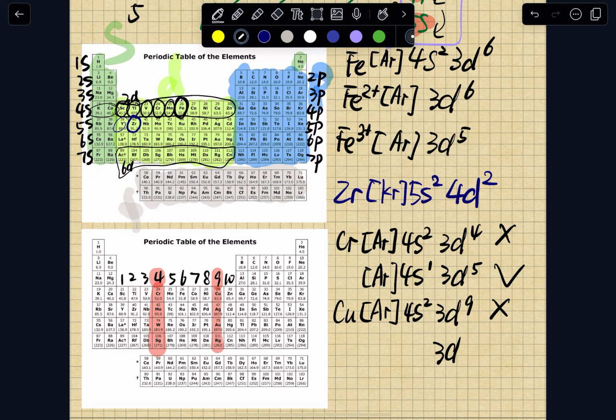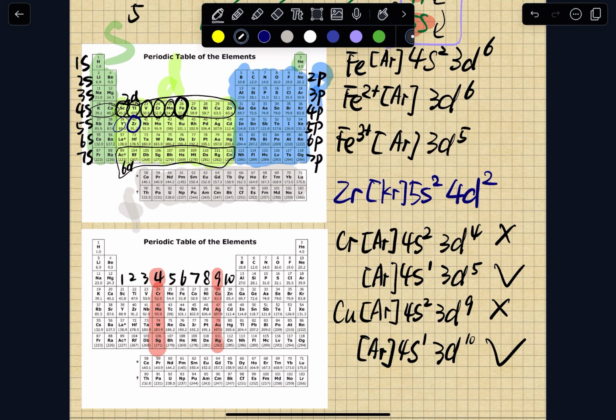So d really prefers to have 10 electrons, or 5 electrons, which is half filled. So if we add one more electron to the d subshell, then the s subshell has 1 less electron. So this is actually the electron configuration of Cu.